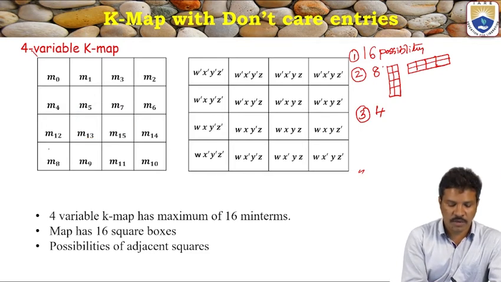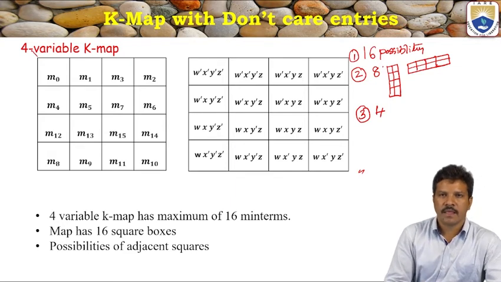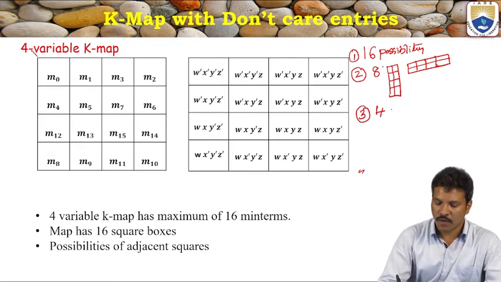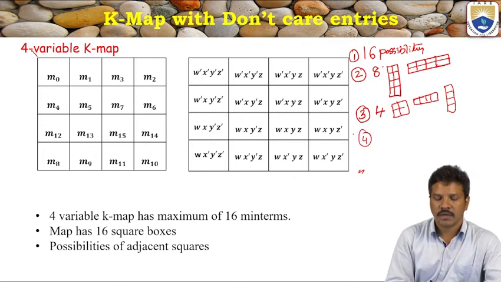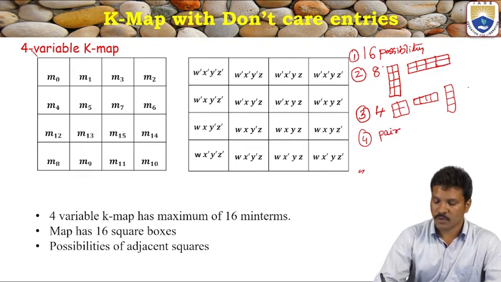Otherwise, there is also a possibility to cover in this way. Likewise, we can have either a square, or horizontally 4 ones, or vertically 4 ones. The next priority is that we can make the minterms into pairs. This is a square.